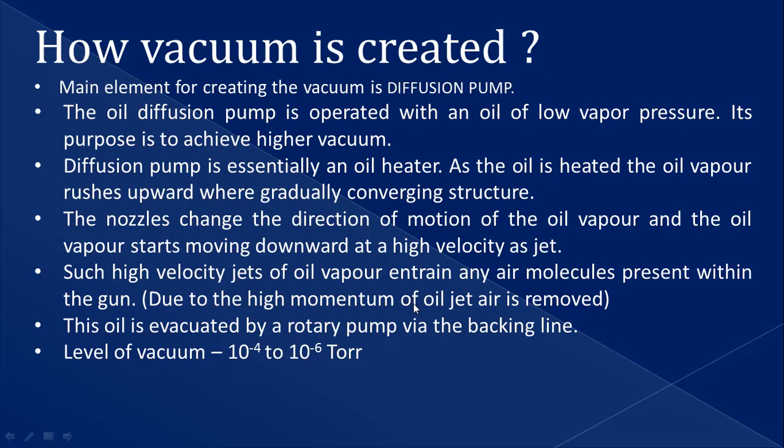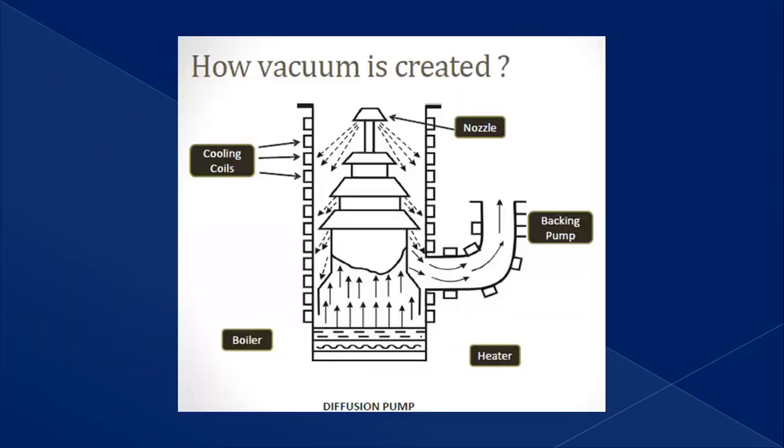I will again just briefly show you. We are going to heat the oil. This is the converging section; the cross section is reduced continuously. Whenever the oil vapor is placed towards these four nozzles, the vapors are turned back in such a direction that they can be sucked or evacuated through the backing pump.